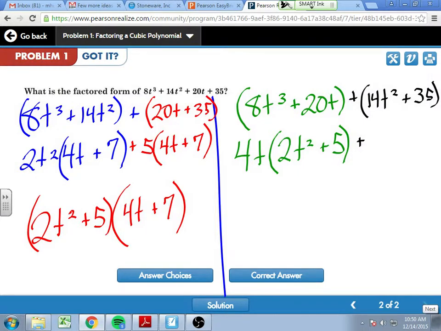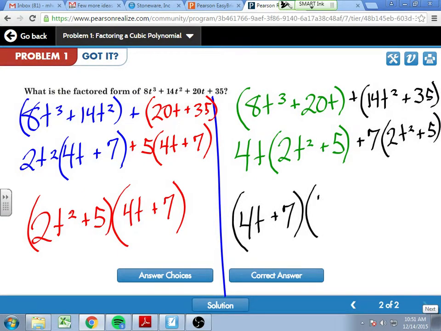The 14t squared and 35 common factor would be 7. So then divide that, we would get 2t squared plus 5. We have that shared binomial again. So I'm going to take my coefficient values times that shared 2t squared plus 5.